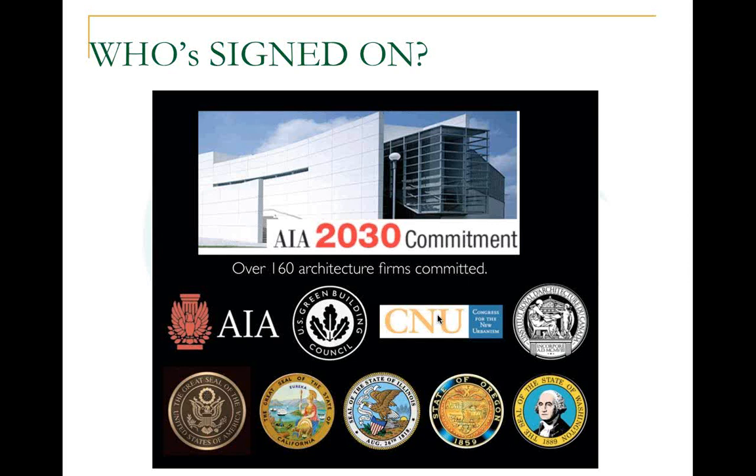Other adopters include the National Governors Association and the Association of Counties. We see a number of states, Oregon, Washington, Illinois, all have adopted the 2030 Challenge, as well as lots of other entities that are responsible for most of the construction that goes on in our world.